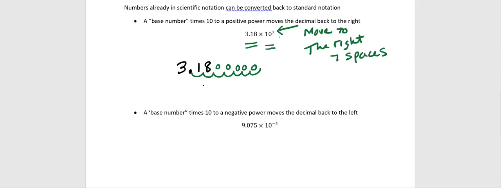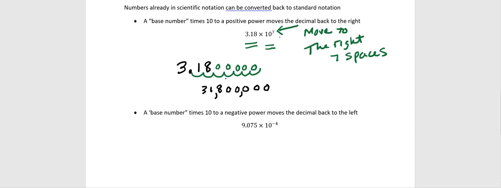So if we finish that up, we would get 318, and it looks like 1, 2, 3, 4, 5 zeros. Now I'm going to make that number look correct with commas by putting commas in every 3 digits. So let's see, I have thousands, I have 100,000s, I'm into millions.